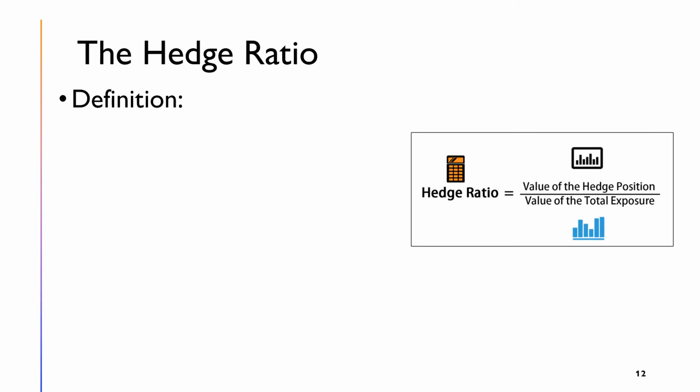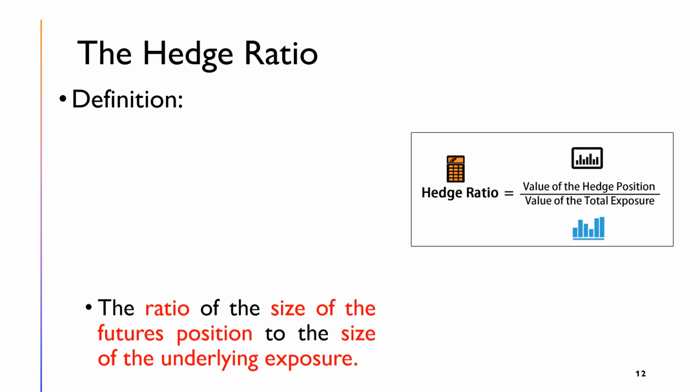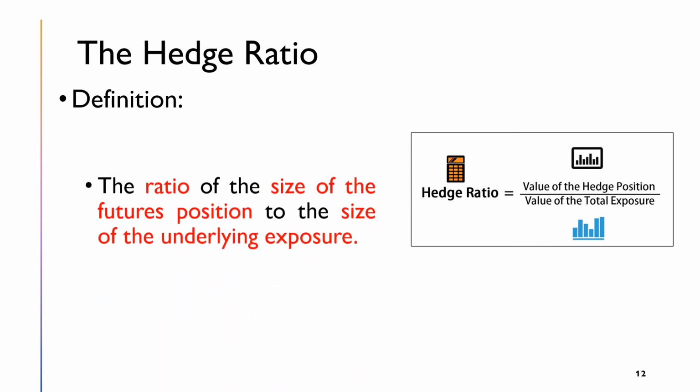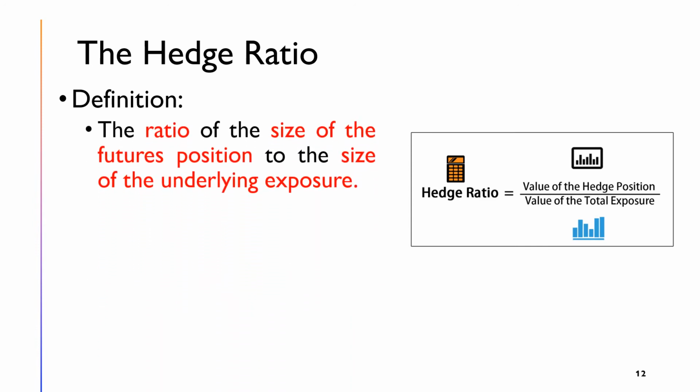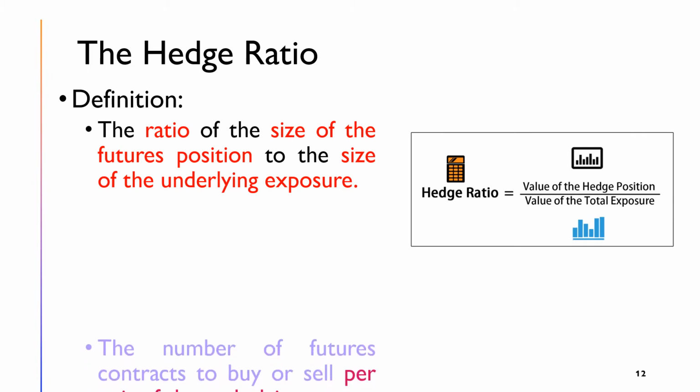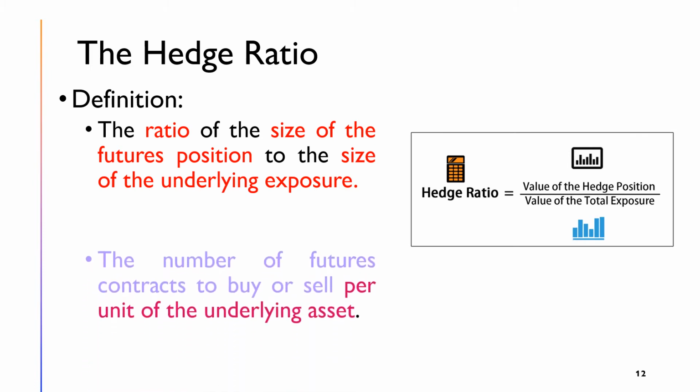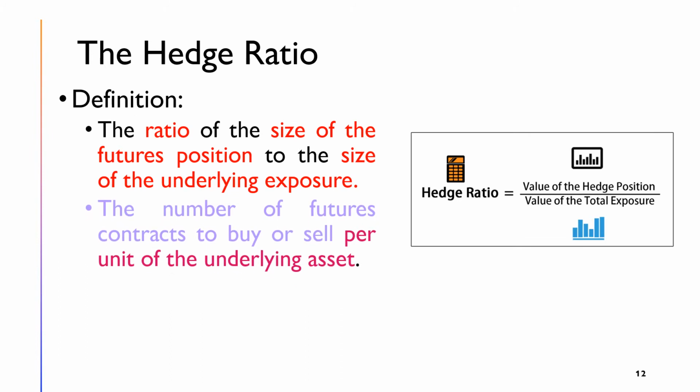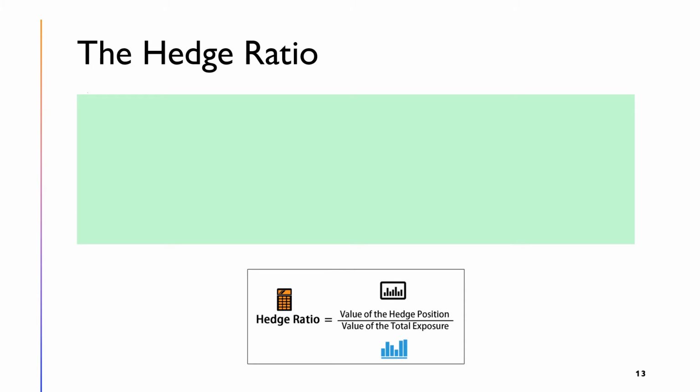A hedge ratio may also be a comparison of the size of the futures contracts purchased or sold to the size of the underlying exposure or cash commodity being hedged. Mathematically, hedge ratio is the number of futures contracts to buy or sell per unit of the underlying asset. The hedge ratio is expressed as a decimal or percentage.